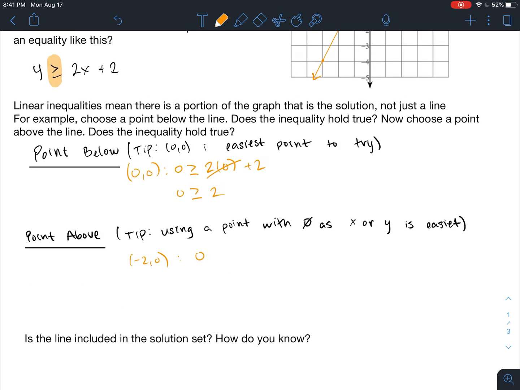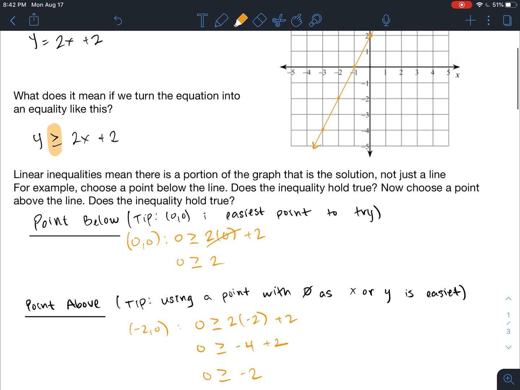Our y is still 0, greater than or equal to 2 times our x value, which is negative 2, plus 2. So 0 is greater than or equal to negative 4 plus 2. 0 is greater than or equal to negative 2.